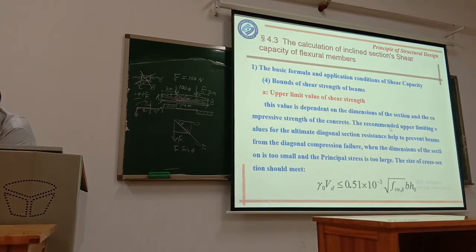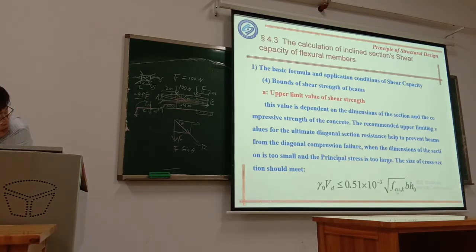It is the recommended upper limiting value for the ultimate diagonal section resistance, to prevent the beam from diagonal compression failure. When the dimension of the section is too small and the principal stress is too large, the size of the cross section should meet this requirement.